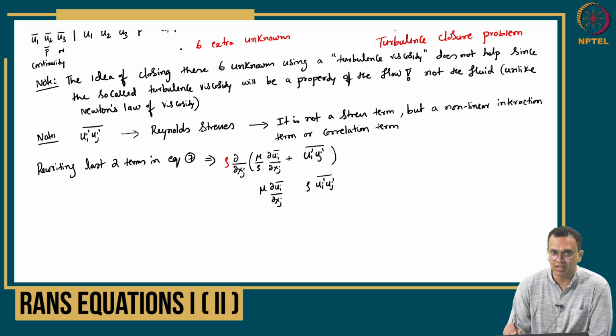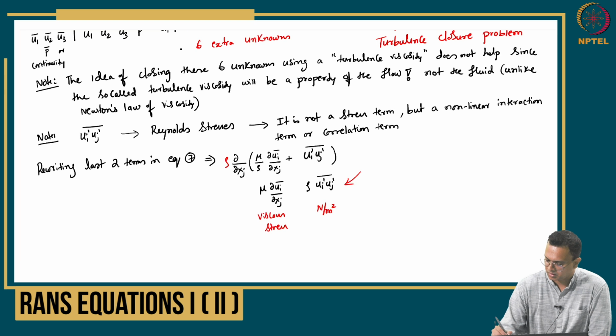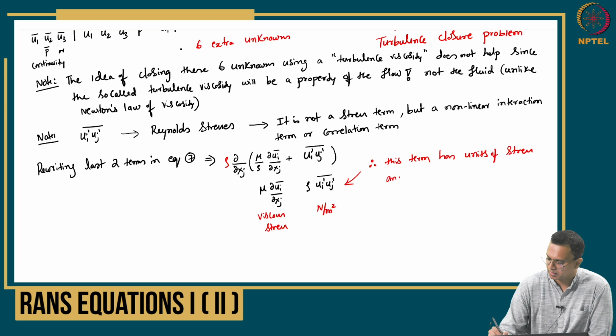And this is your viscous stress tensor, and since you are able to write two terms together, one is a stress, the other one has the units of stress. So if you look into this, this is Newton per meter square now. This is your viscous stress. Since this term has units of stress, therefore this term has units of stress and can be written together with the viscous stress term.